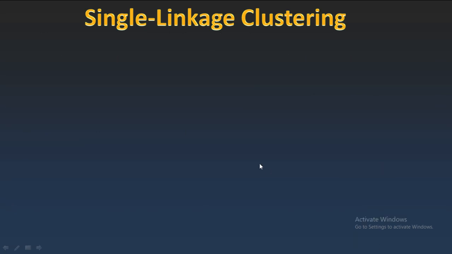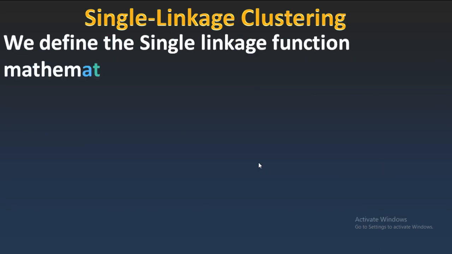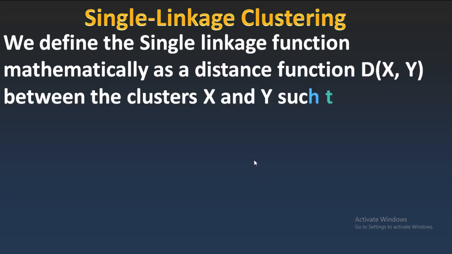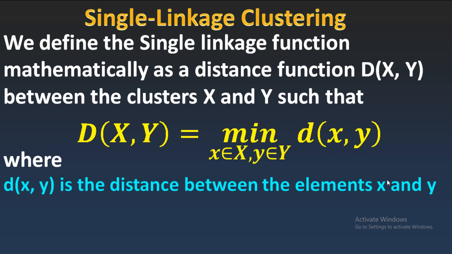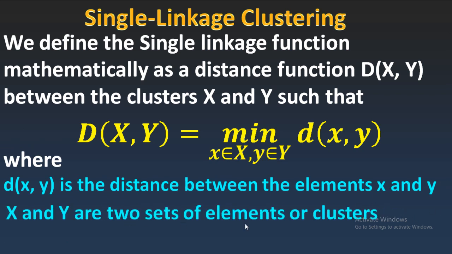Now we define the single linkage function mathematically as a distance function d of X comma Y between the clusters X and Y such that d of X comma Y is equal to minimum of d of x comma y, where x belongs to capital X and y belongs to capital Y, where d of x comma y is the distance between the elements x and y, and capital X and capital Y are two sets of elements or clusters.